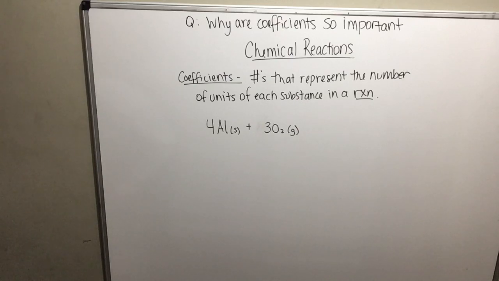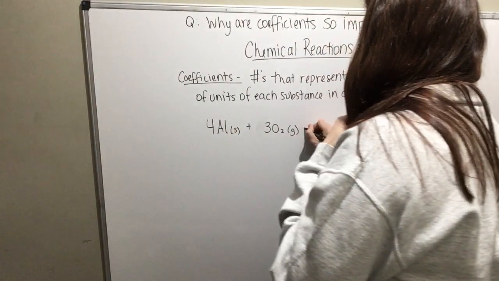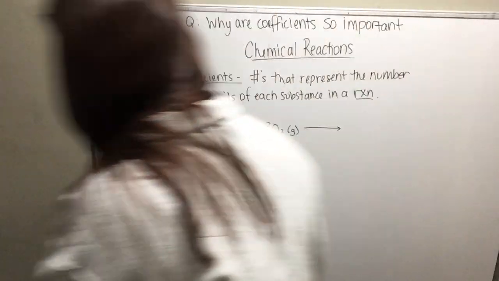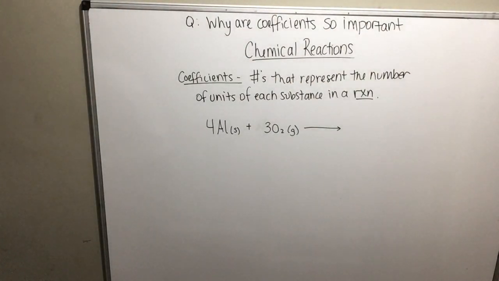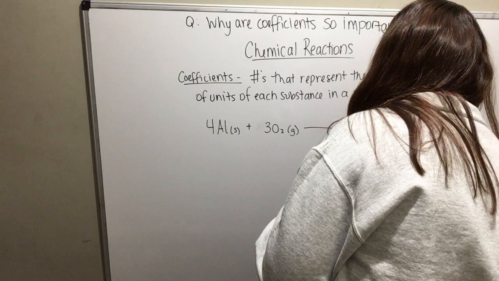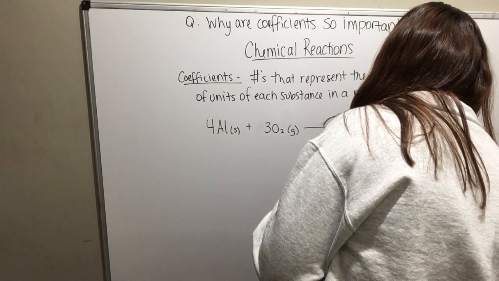Okay, and then when you do this reaction, it yields 2 units of Al2O3.